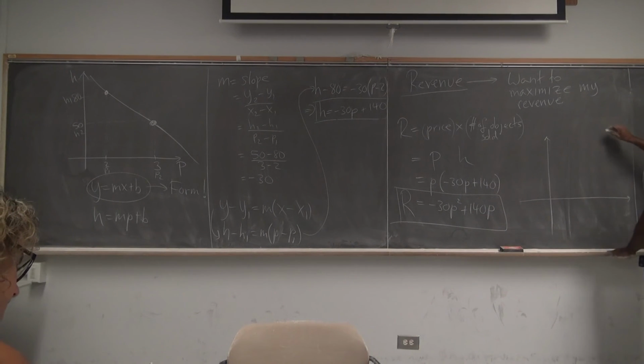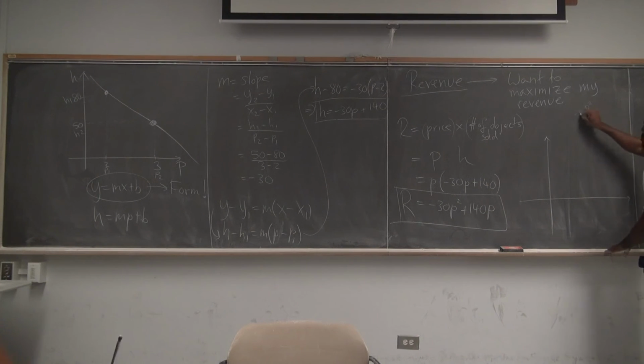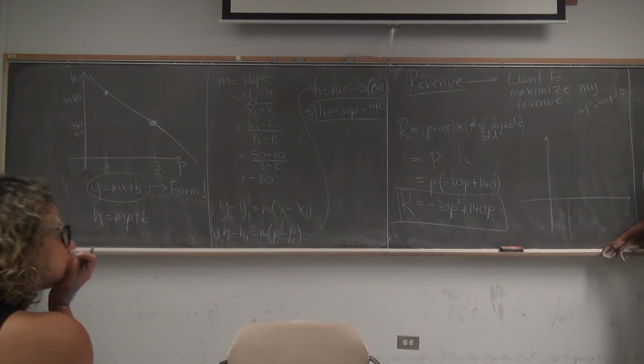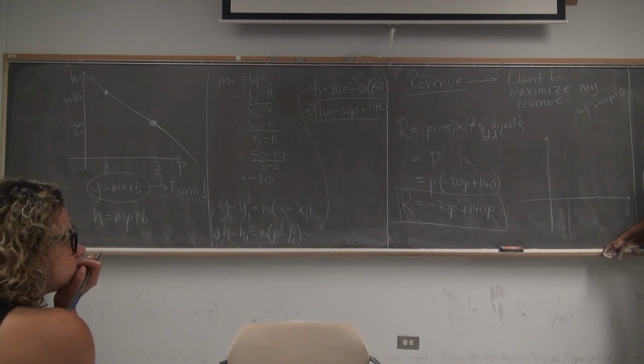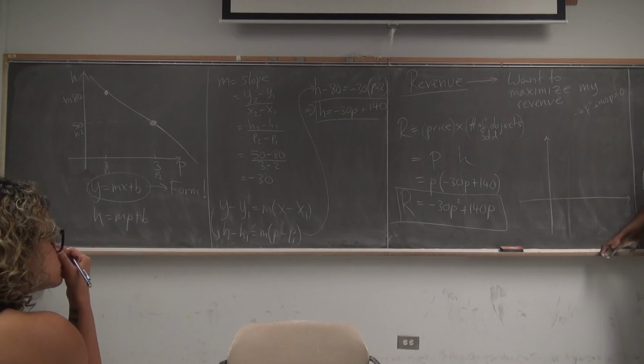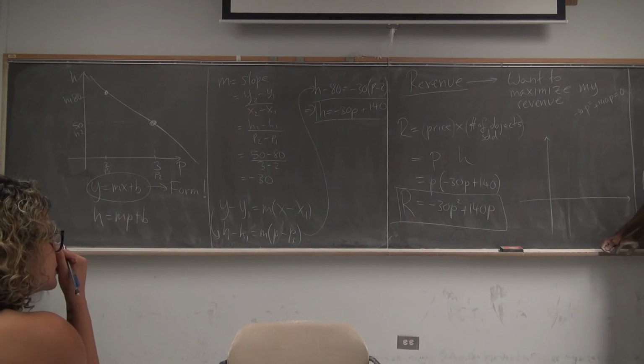So basically you're going to set minus 30p squared plus 140p equal to 0. How do I solve that quickly?